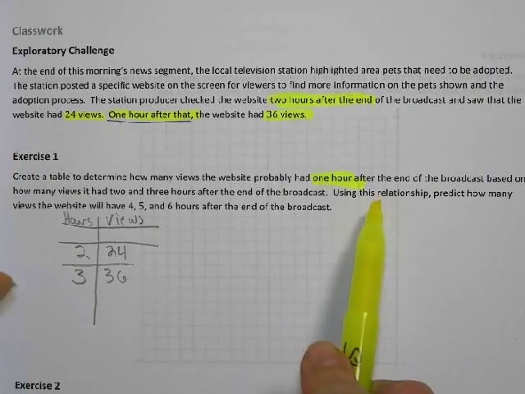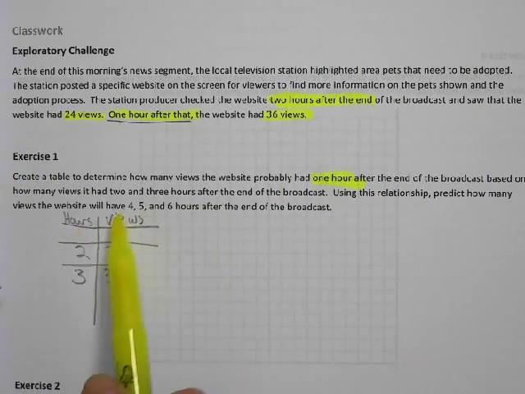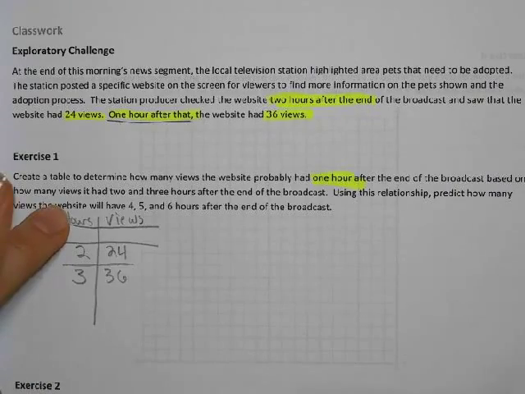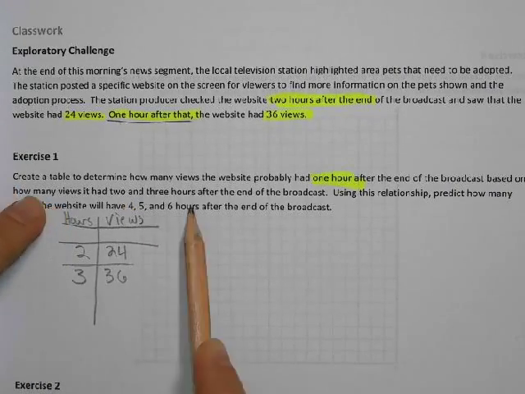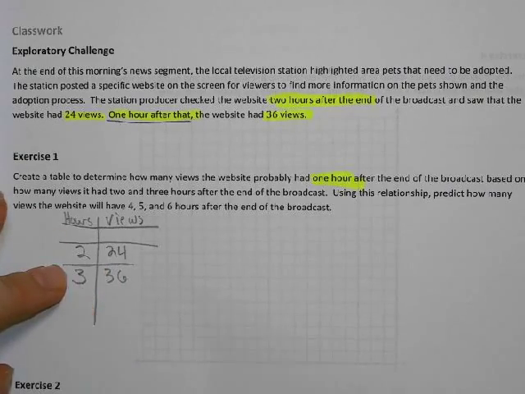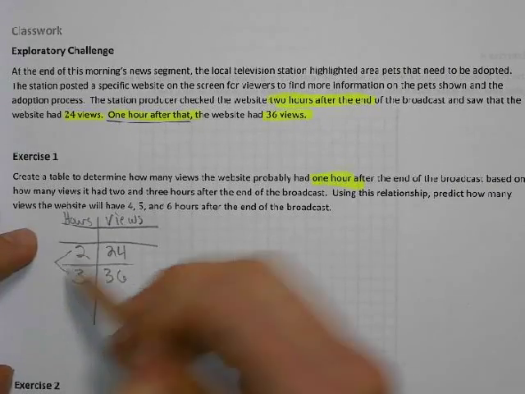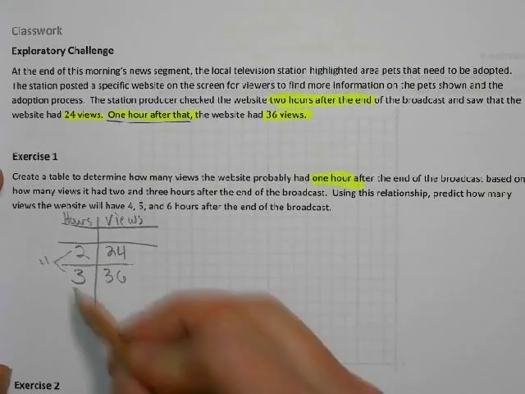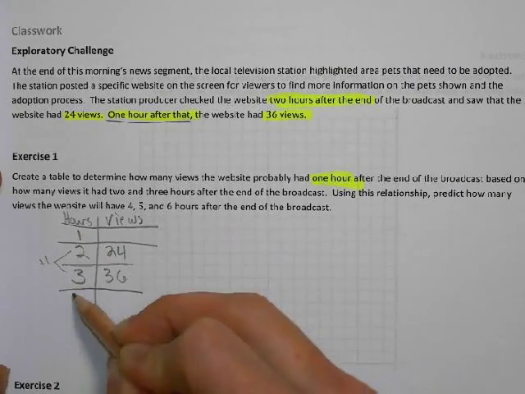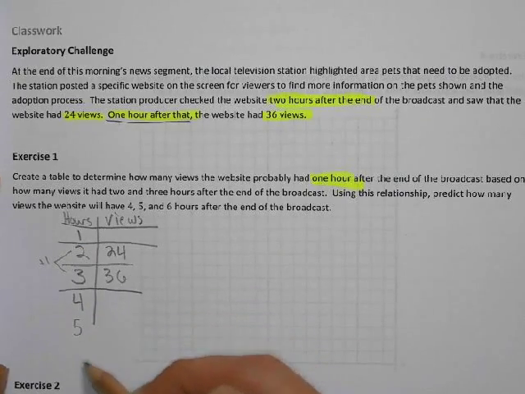Using this relationship, predict how many views the website will have 4, 5, and 6 hours after the end of the broadcast. So they're wanting us to scale down to a 1 and up to 4, 5, 6 on the hour side. When I look at my hour side, I'm already going 2, 3. So that means I'm counting by ones. And I could even look at that by seeing the additive is 1. And so that just means I'm going 1, 2, 3, 4, 5, 6.